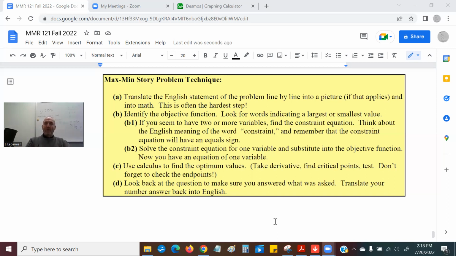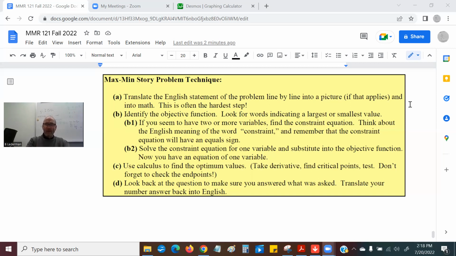These are the sort of problems these techniques will work on, and they pretty much boil down to what we did. So we'll go through it step by step. First, we want to translate the English statement into a problem, line by line, and draw a picture if possible. It may not be possible to make a picture, but draw one.